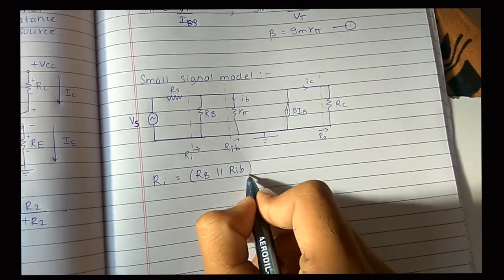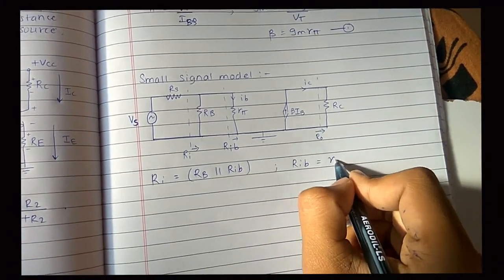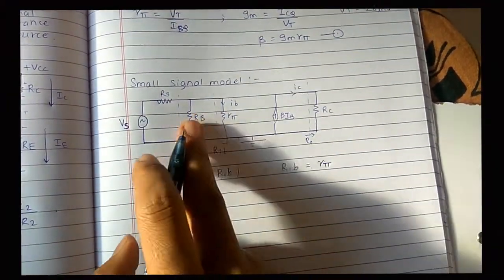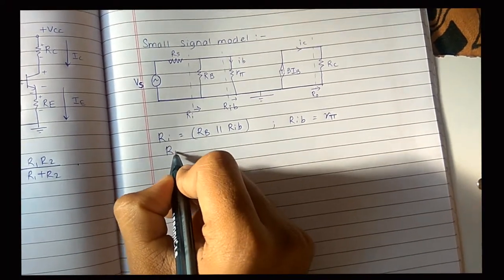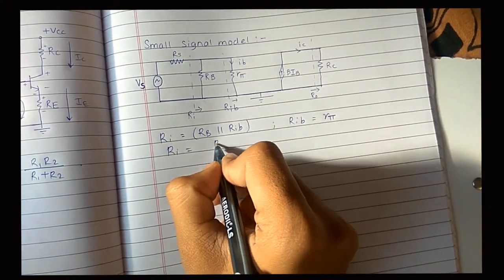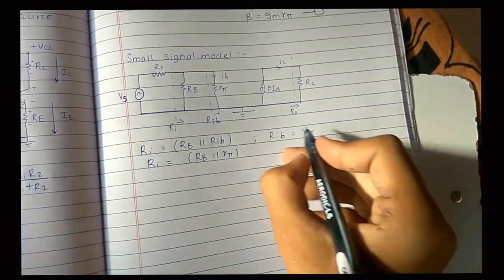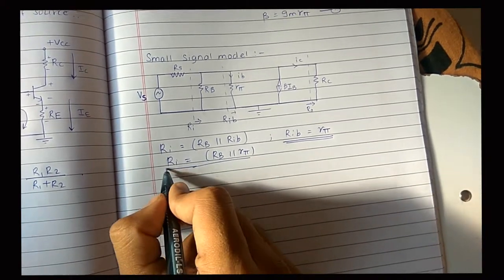What is RIB? RIB is equal to R pi. So Ri is nothing but RB parallel R pi.